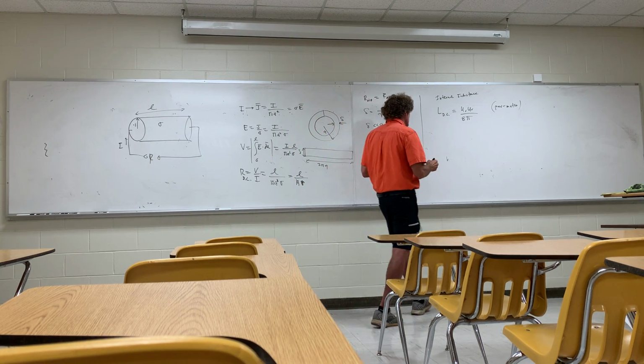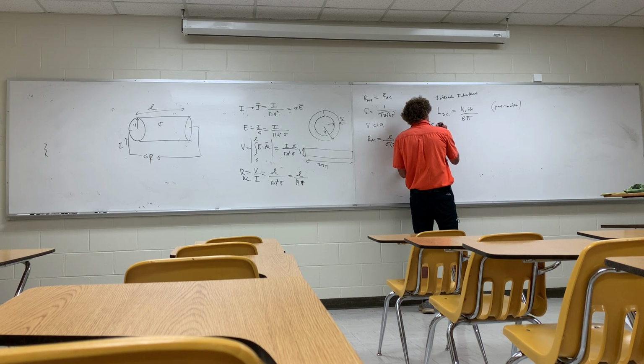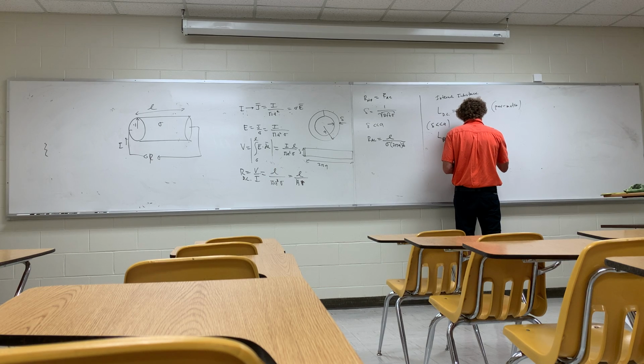Now the internal inductance, L AC, or high frequency, I'll put it HF. And this is when the skin depth, again, is much less than a. That's going to be proportional to L DC, but multiplying that by 2 times delta over the radius a.